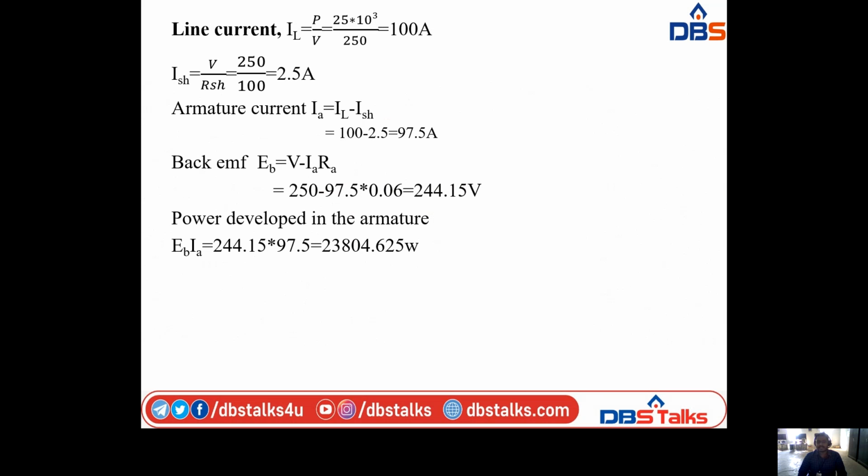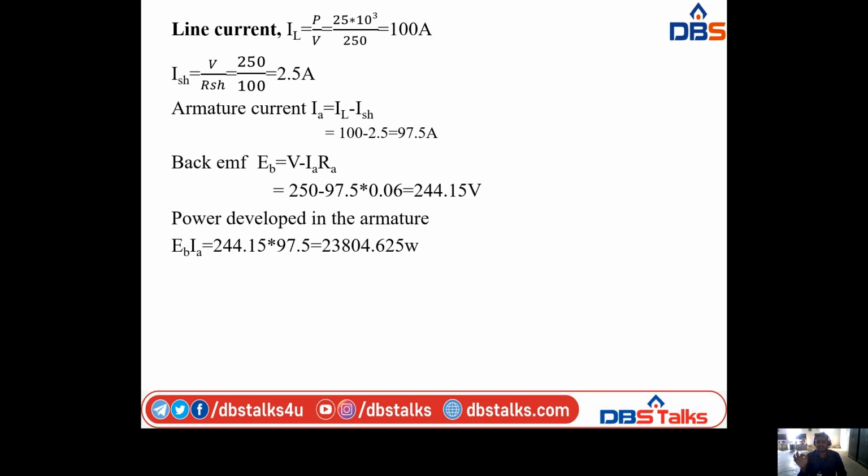First we have to calculate the line current, that is P by V. Here the power is 25 kilowatts, that is 25 into 10 cube by 250, which is equal to 100 amperes. And next the shunt field current Ish is equal to V by Rsh, that is 2.5 amperes. And for a DC motor, particularly a DC shunt motor, armature current Ia is equal to IL minus Ish. Here the line current is 100 amperes minus the shunt field current 2.5. In total we have 97.5 amperes.